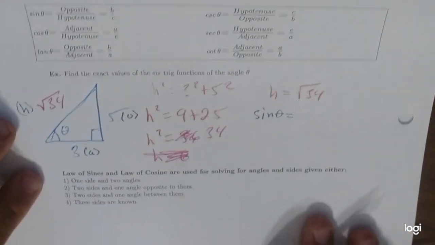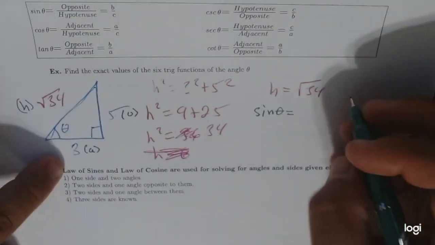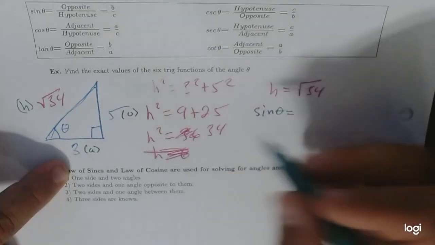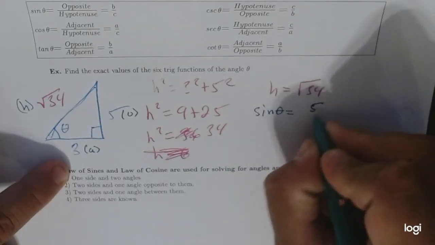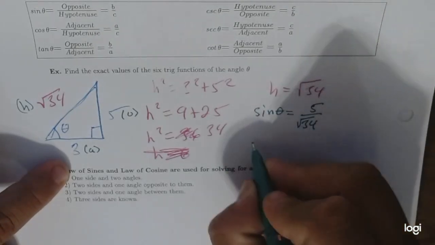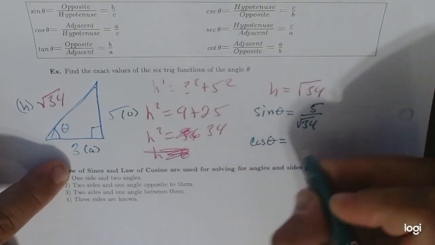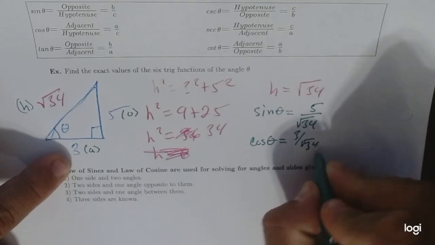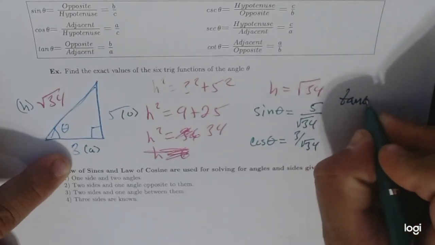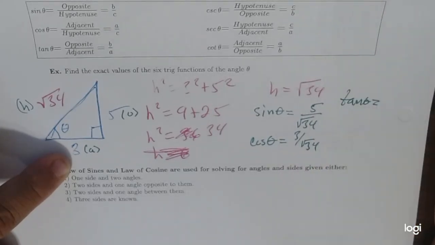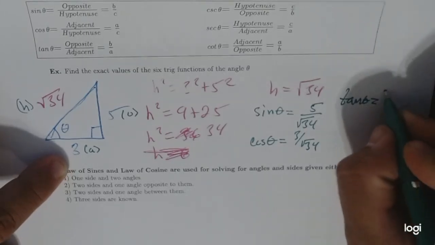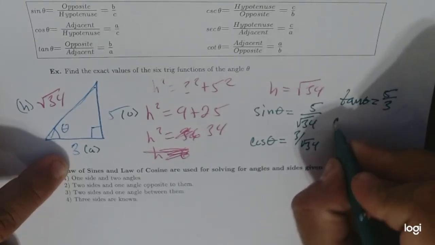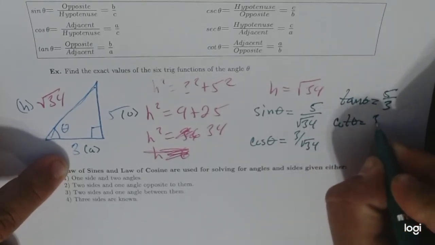So in our case, sine is opposite over hypotenuse, so 5 over radical 34. Cosine is adjacent over hypotenuse, so 3 over radical 34. Tangent theta is opposite over adjacent, so 5 over 3. And then cotangent is the opposite, so it'll be 3 over 5.